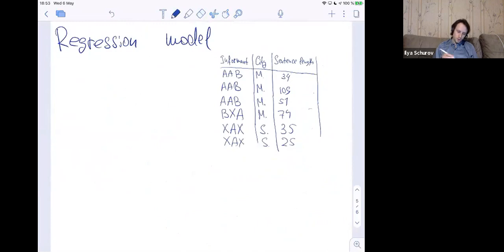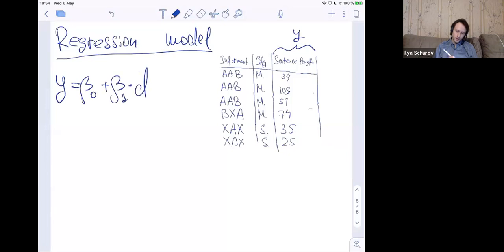Here, the sentence length is y. I create a dummy variable for city. And my initial regression model, which corresponds just to the t-test, is the following: Y equals beta naught plus beta 1 times the dummy variable that corresponds to city equals Moscow. So this is the initial regression model.